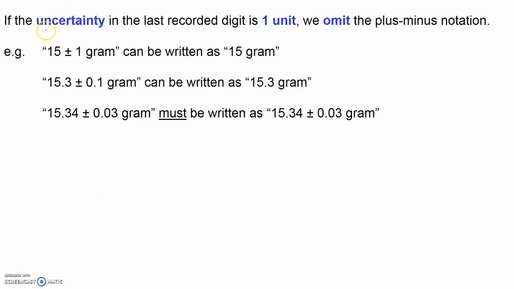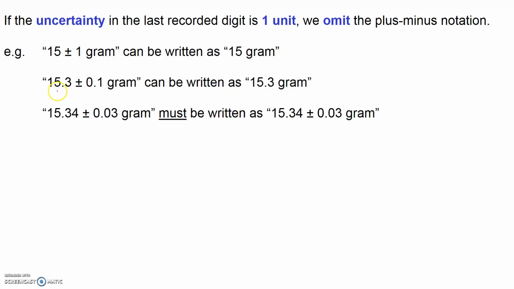Now we have a little rule: if the uncertainty in the last recorded digit is plus or minus 1, then you can leave out the plus or minus notation and understand that it is implied. So we won't be writing 15 plus or minus 1, we'll just write 15 and understand that the uncertainty in the last digit is plus or minus 1.